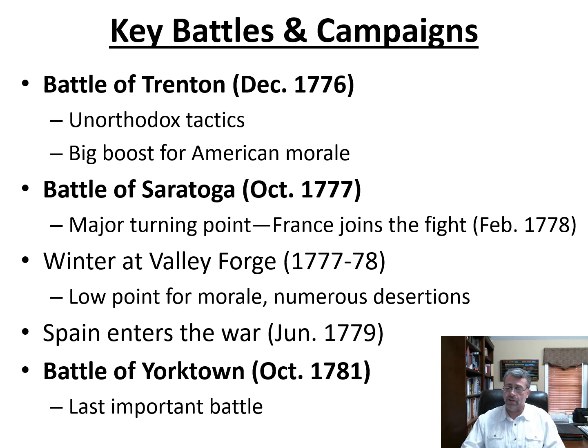Keep in mind, Washington is very aware of all those disadvantages that we discussed in our last session. He knows that the British have superior numbers and superior supplies and training and so forth, and he's going to use his disadvantages to an advantage in this case of the Battle of Trenton.